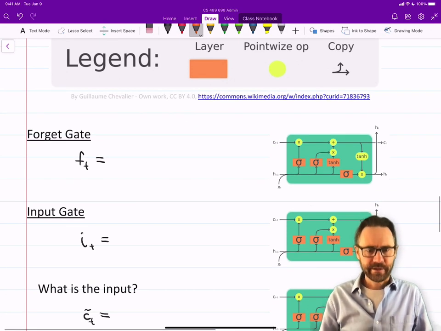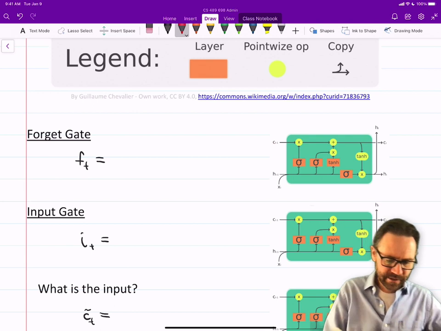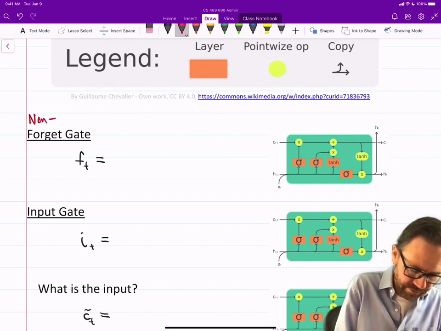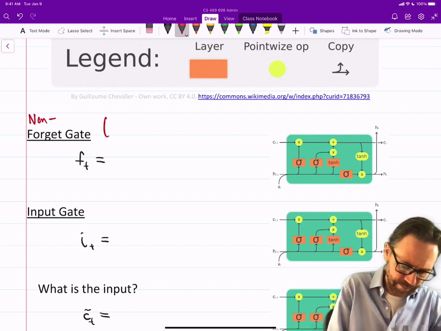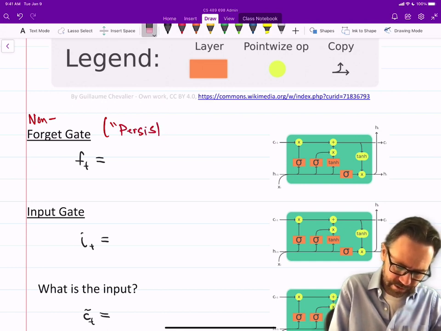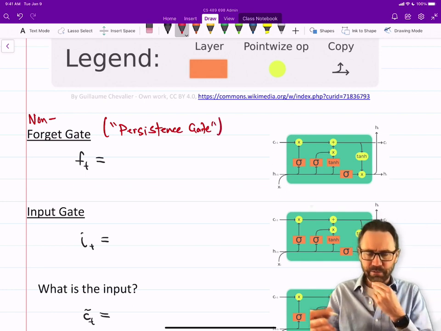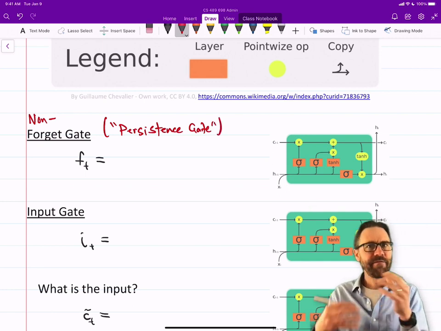First, the forget gate, it's actually a non-forget gate, or what I like to call a persistence gate. So f sub t is the value of the gate.